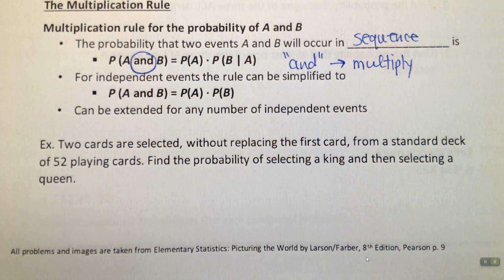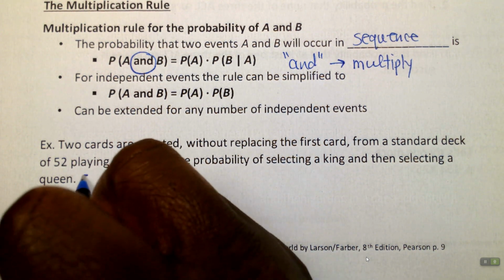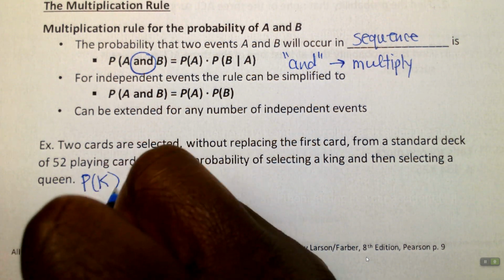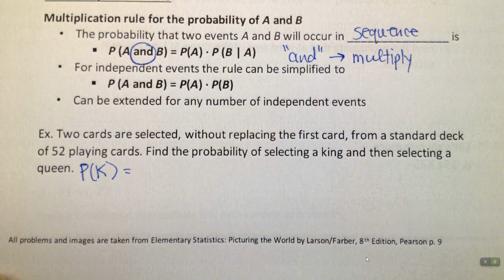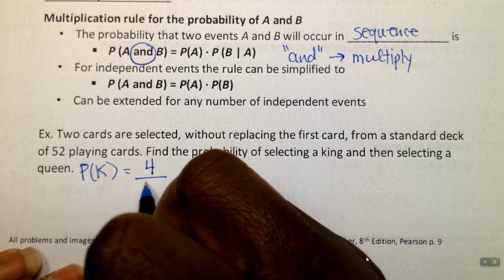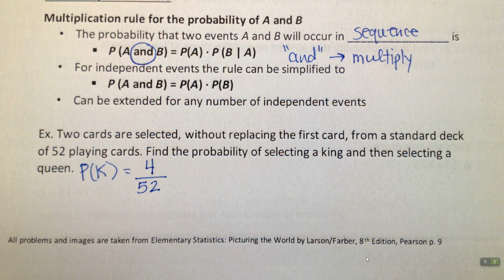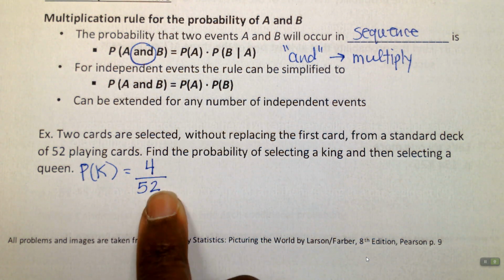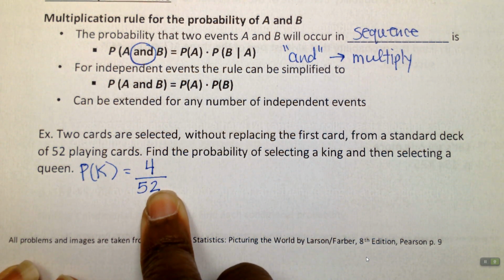So when I pick my king, let me just explain this. Probability is what's going to happen, or what's the probability before you do what you're doing. So when I pick my king, I have 4 kings to choose from out of the 52 cards. So before I pick, that's my probability: 4 out of the 52 cards, I have 4 kings.